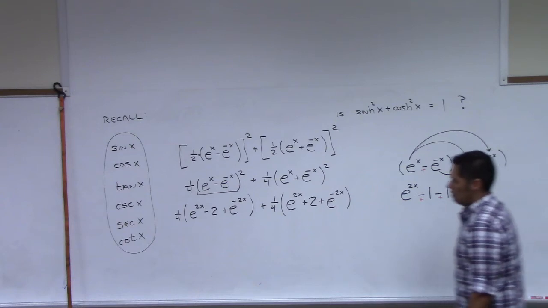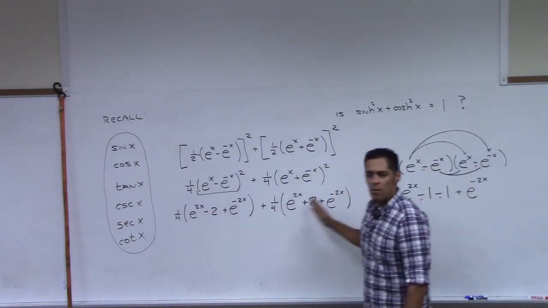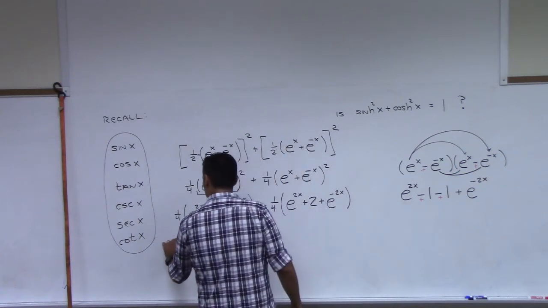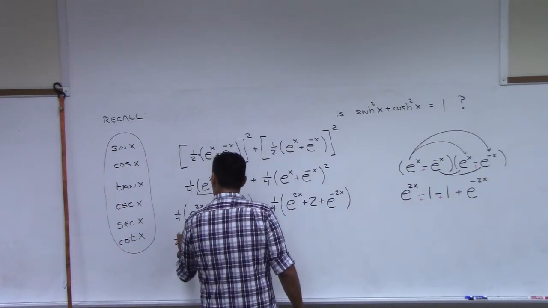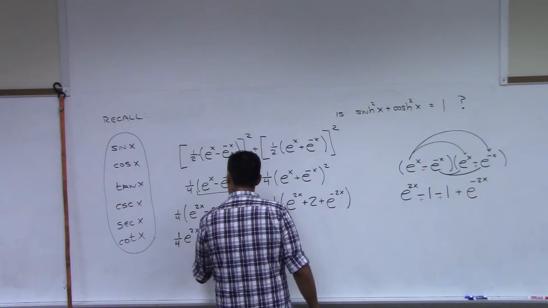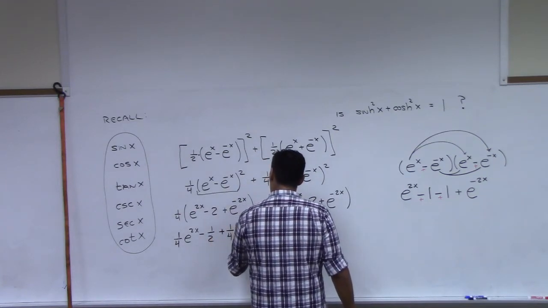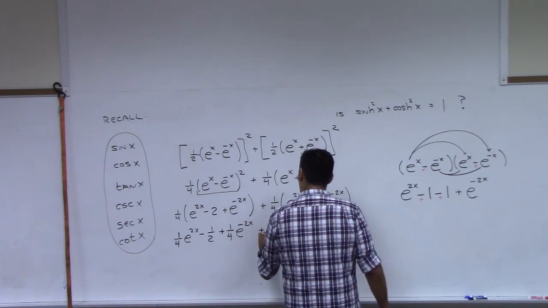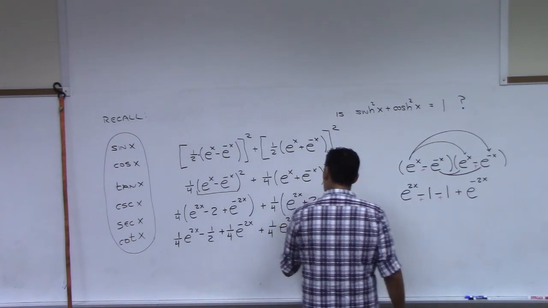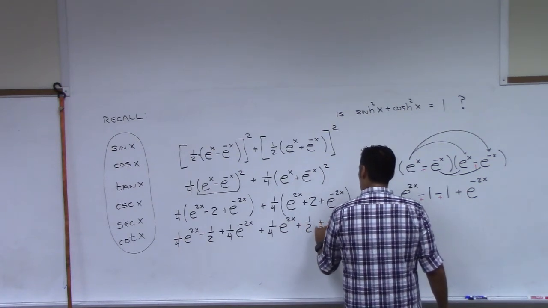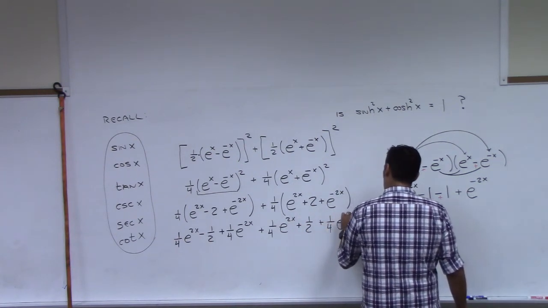All right, how about we pass the 1/4 through everything for both of these? So 1/4 e^(2x) minus a half plus 1/4 e^(-2x) plus 1/4 e^(2x) plus a half plus 1/4 e^(-2x).